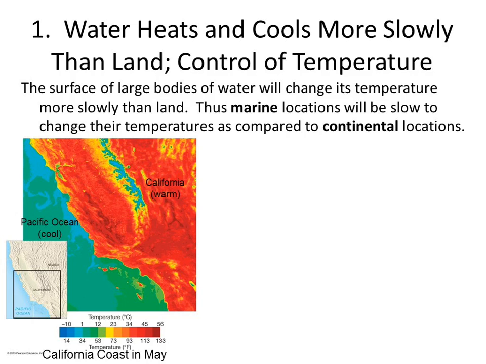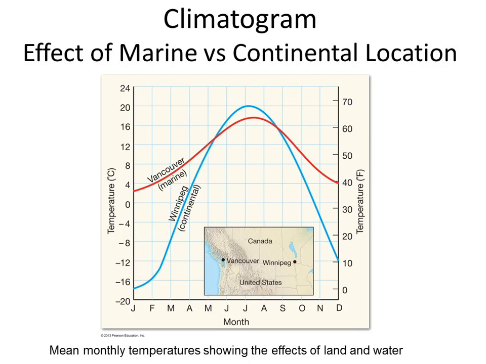All right. What your author does, and I think he's pretty clever, is use climatograms showing the climate temperatures throughout the year for two locations, and they try to focus on one aspect that could be different. The pair of locations for this one is Vancouver and Winnipeg, which are basically the same latitude, but one's on the Pacific Ocean and one is inland.